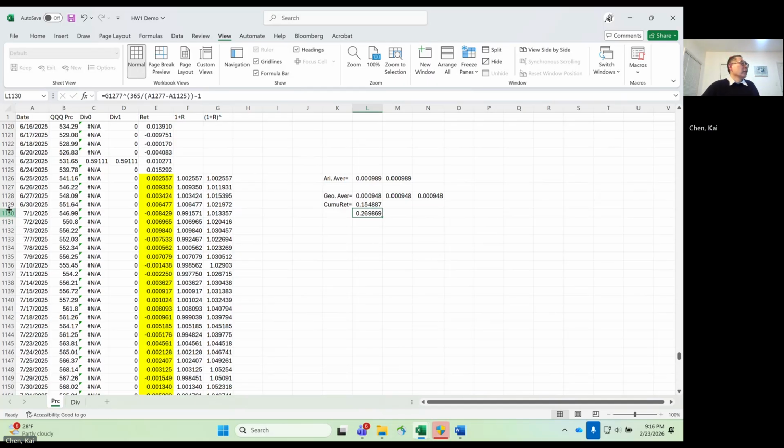So now let's look at this function. G is the base, and that is the product of 1 plus R of all days in the holding period. Then we raise this base to the power. The power is the number of days in 1 year, 365, divided by the number of days in the holding period.